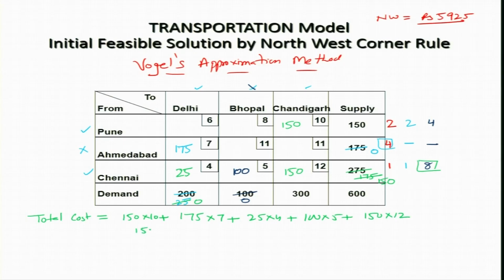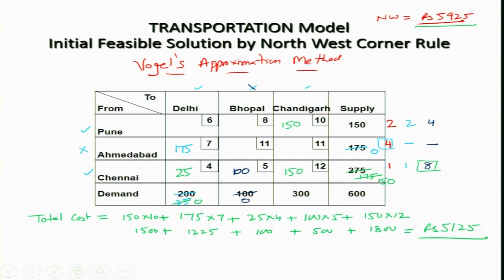So, 1500 plus 1225, that is 175 into 7, plus 100 plus 500 plus 1800, and this total turns out to be rupees 5125 by Vogel's approximation method, and you will find this answer is better than this.